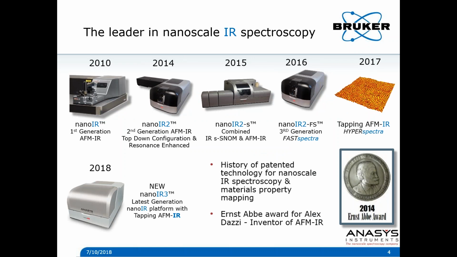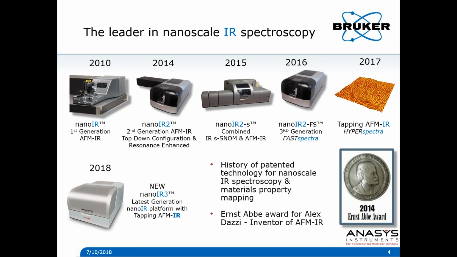So, a little history for those of you who may not be aware of the history of Nano IR from the Anasys perspective. The first Nano IR was introduced in 2010. It was first generation AFM-IR. Subsequently, over the years, we've developed multiple generations of products, going from a bottom-up approach with the Nano IR first generation, to a top-down approach on the Nano IR 2, bringing in a new method called resonance-enhanced spectroscopy. Then in 2015, we combined scattering SNOM and AFM-IR on one platform.